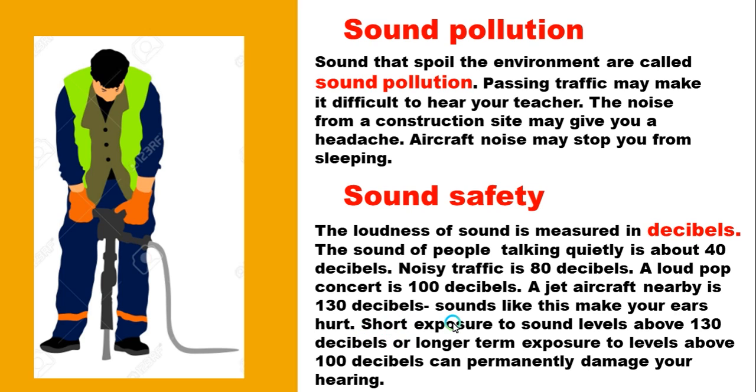Short exposure to sound levels above 130 decibels, or longer term exposure to levels above 100 decibels, can permanently damage your hearing. So you need to make sure that you guard your ears from loud sound, because it can damage your hearing.